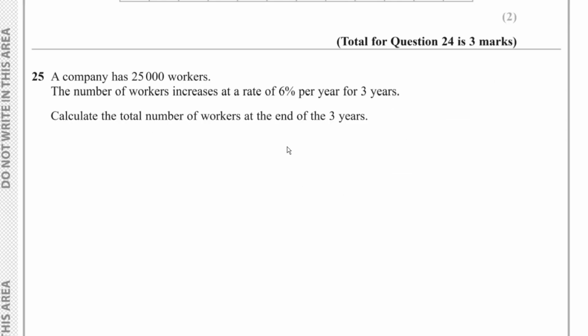Question number 25. A company has 25,000 workers, the number of workers increases at a rate of 6% per year for 3 years. We have to calculate the total number of workers at the end of 3 years. So we've got this 25,000 to begin with, and I'm going to multiply it by 1.06, which is our multiplier, to the power of 3, and that's because we've got 3 years.